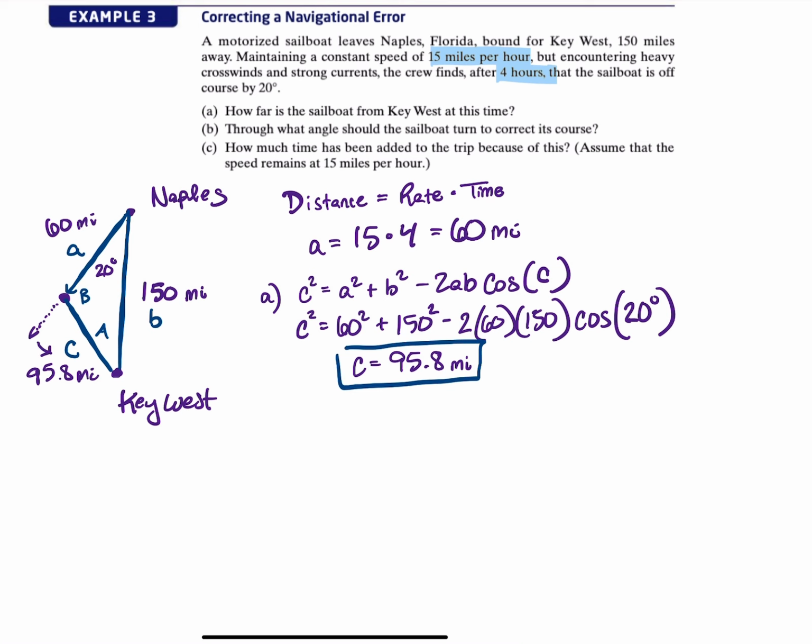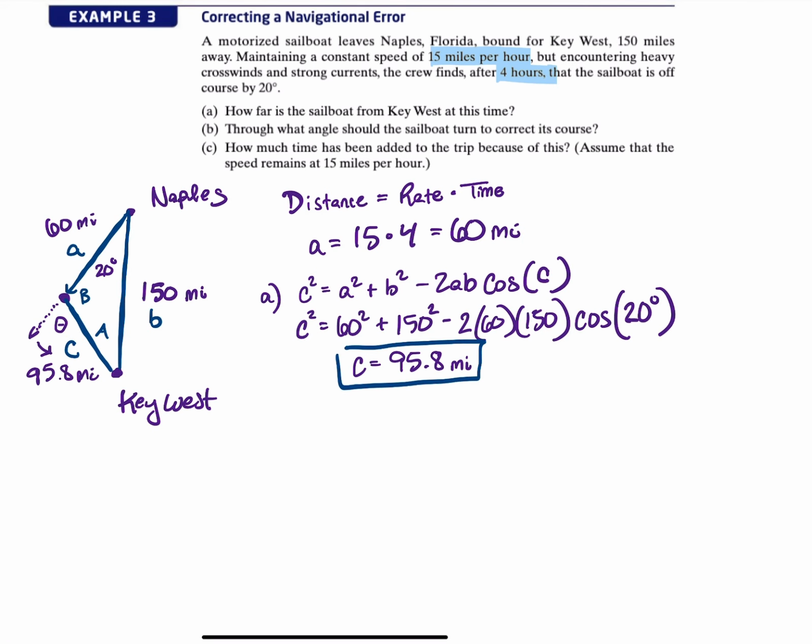So it's actually looking for this angle here, that inner angle. But if we find angle B, we can subtract it from 180 because this angle is the supplement of that angle. It's on a straight line, so we'll be able to find it indirectly.